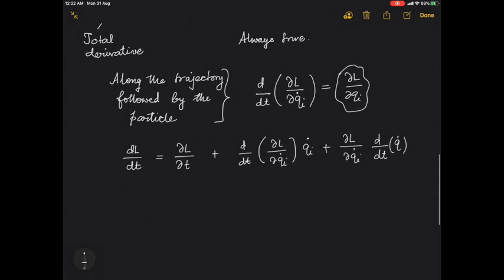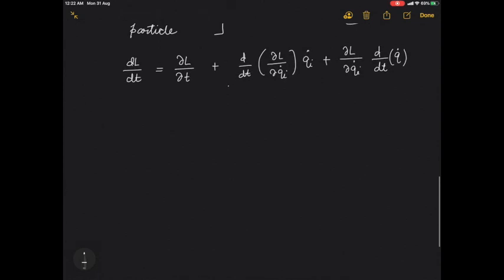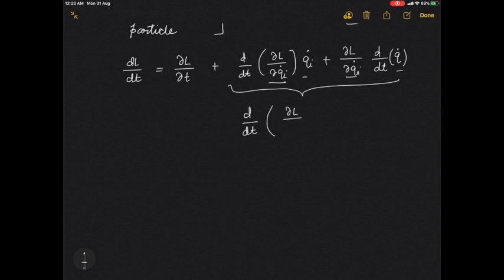Now you see something interesting has happened. If I look at these two terms, d/dt of this keeping that fixed and then keeping the first term fixed and d/dt of that, which means these two terms I can write together as d/dt of del L del qi dot times qi dot, right?